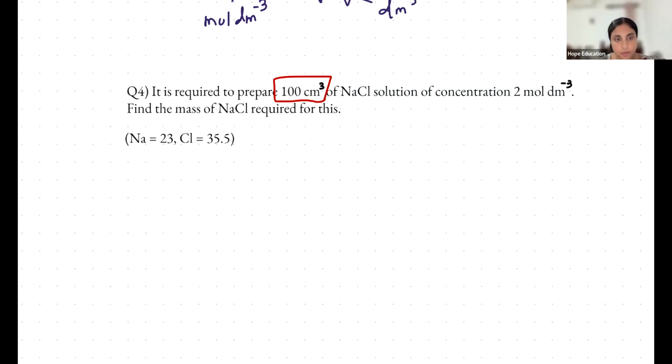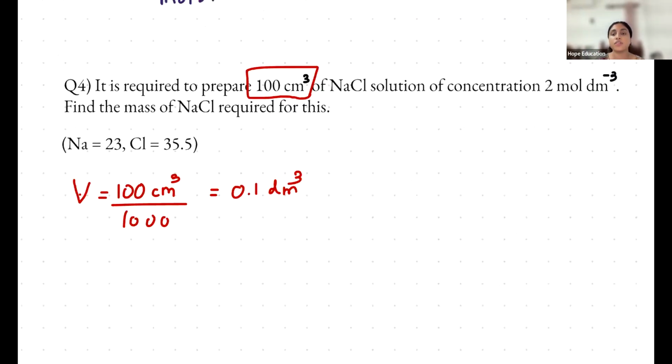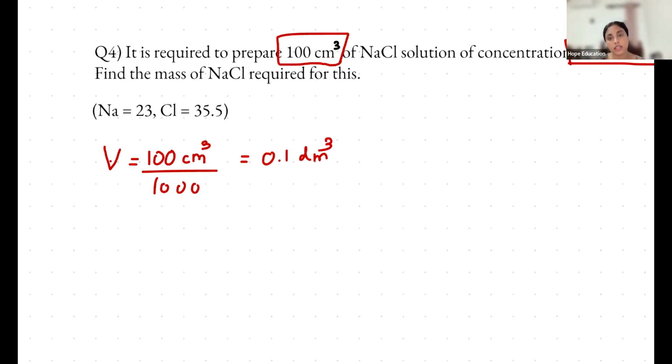It's a volume. Cubic centimeters, cubic decimeters, well, then it's a volume. So 100 cubic centimeters is a volume, and I know I have to convert it to cubic decimeters. So I divide by 1000 and I get 0.1 cubic decimeters of NaCl solution of concentration 2 moles per cubic decimeter. The concentration is given here, that is 2 moles per cubic decimeter.